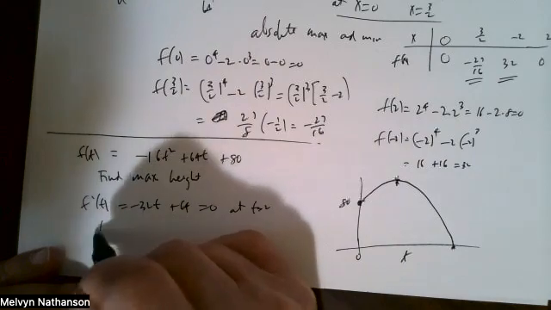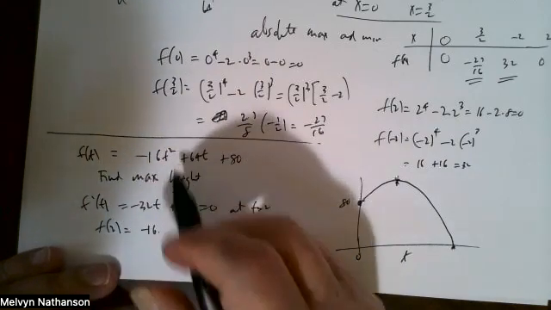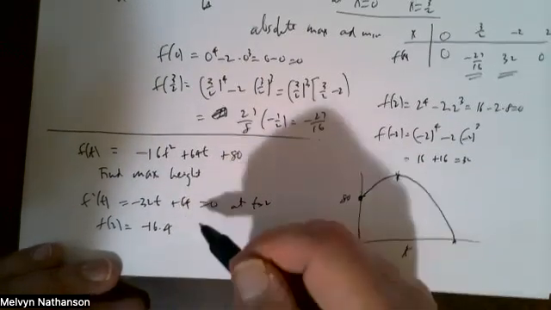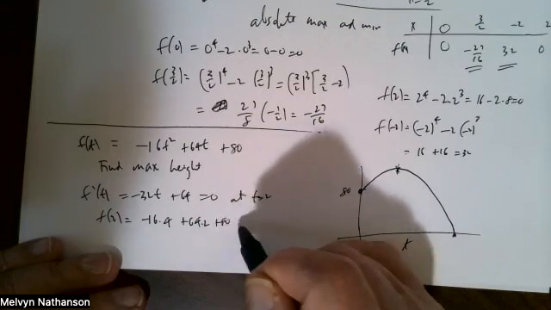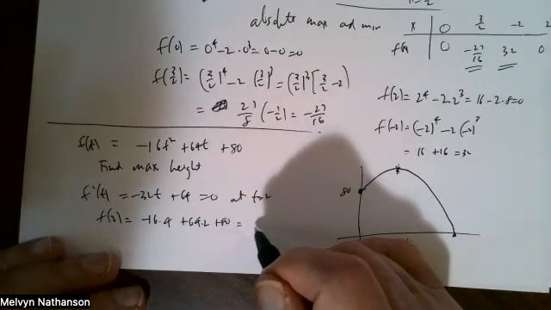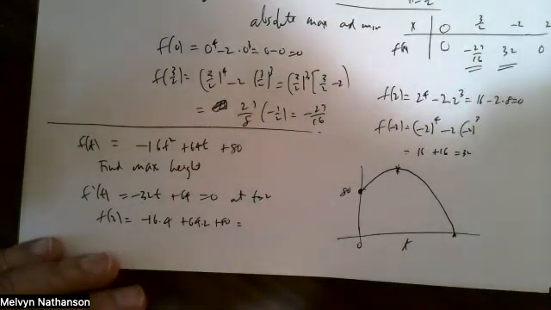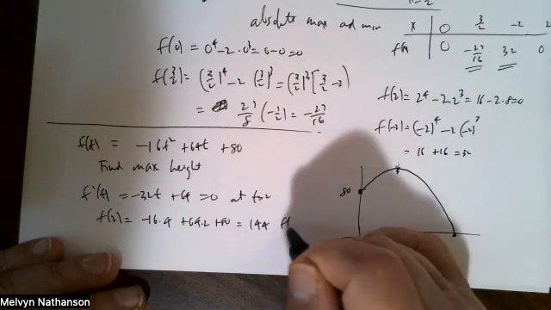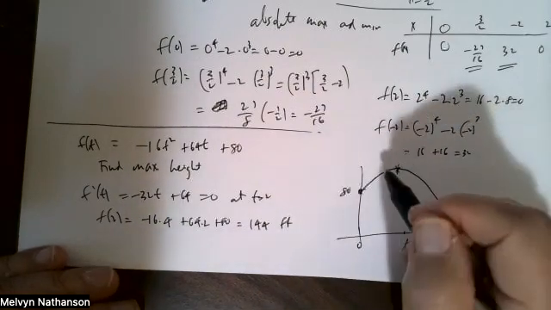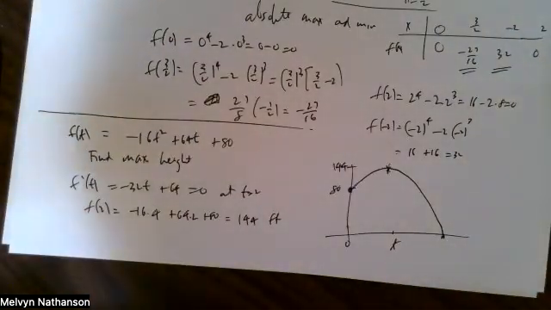So, what is the height at time 2? f of 2 is minus 16 times 2 squared, which is 4, plus 64 times 2 plus 80. That's minus 64 plus 2 times 64 is 64, plus 80, that's 144 feet. So at time t equal 2, it's 144 feet above the ground.